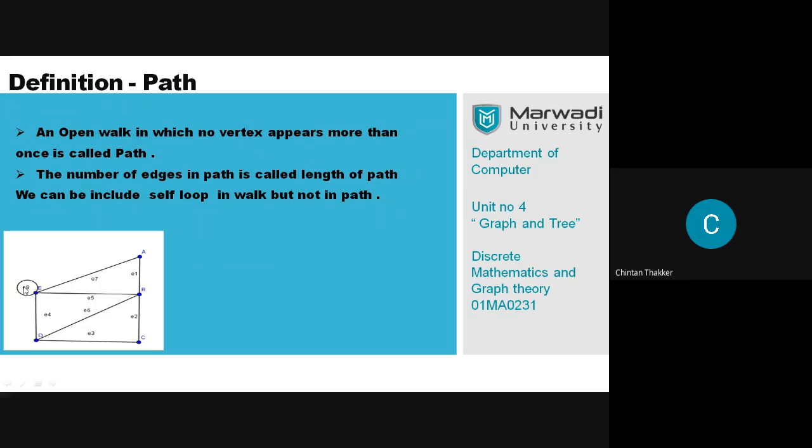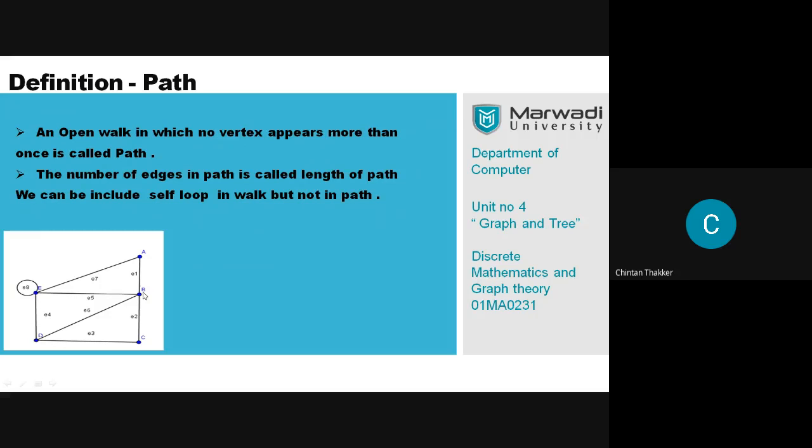In a graph, if we take E, then E8, then again we reach E, it becomes a closed walk. A closed path is defined as a circuit. It is not called a path. So path means an open walk in which no vertex appears more than once.